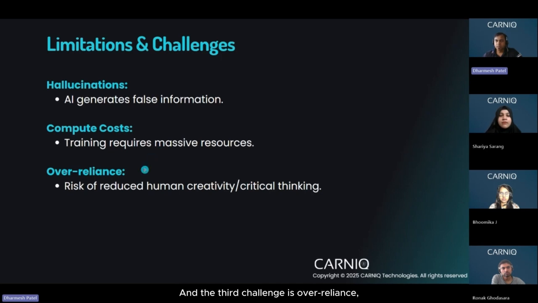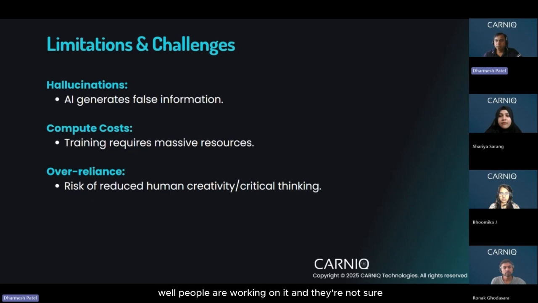And the third challenge is over-reliance. There is a risk of reduced human creativity and critical thinking. Some of the tasks, we can still say, are not up to the mark, like how a human thinks.